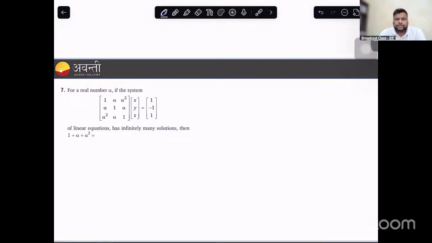For real number alpha, if the system of linear equations has infinitely many solutions, then 1 plus alpha square is.